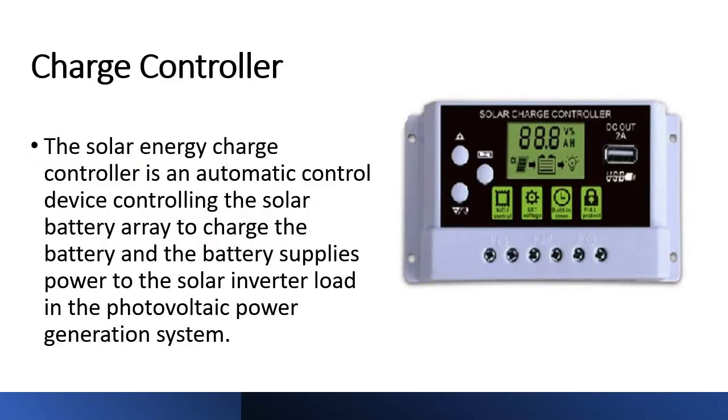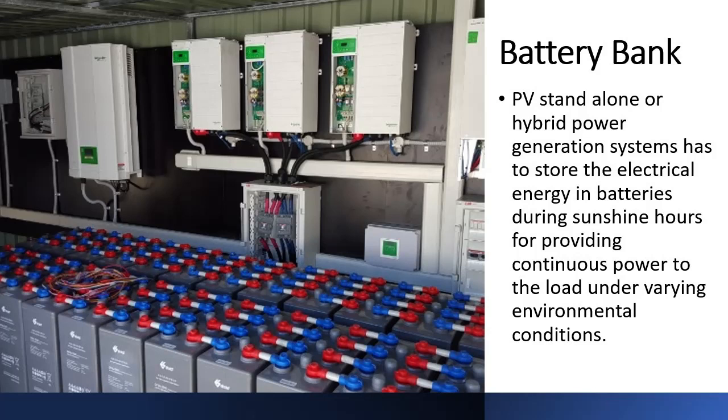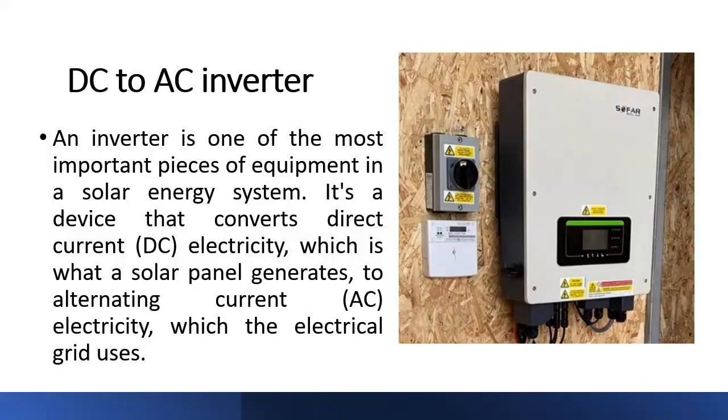The solar energy charge controller is a very important automatic control device that controls the solar battery array to charge the battery, and the battery supplies power to the solar inverter load in the photovoltaic power generation system. PV standalone or hybrid power generation systems have to store the electrical energy in batteries during sunshine hours for providing continuous power to the load under varying environmental conditions.